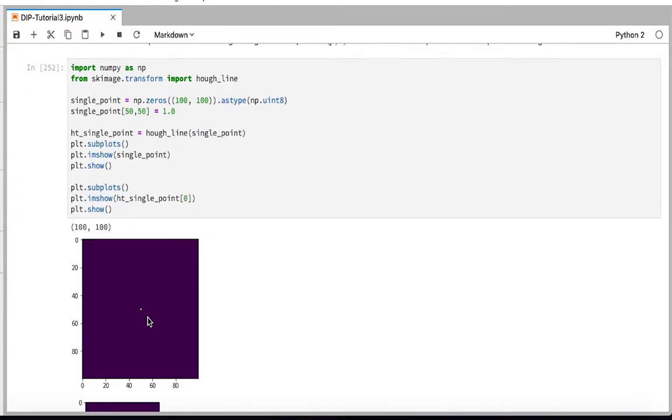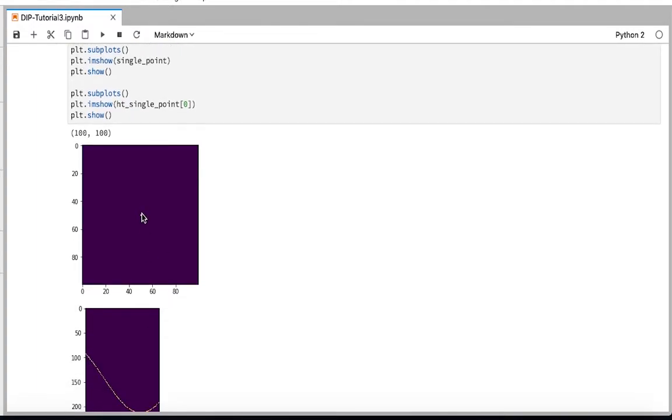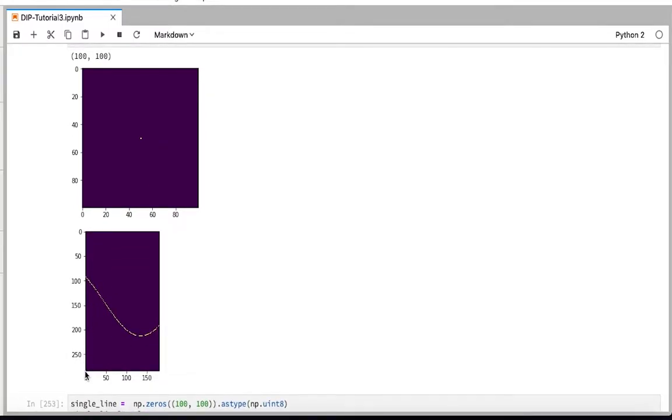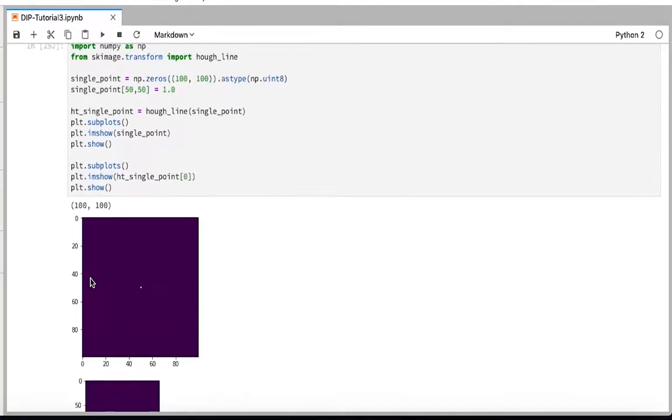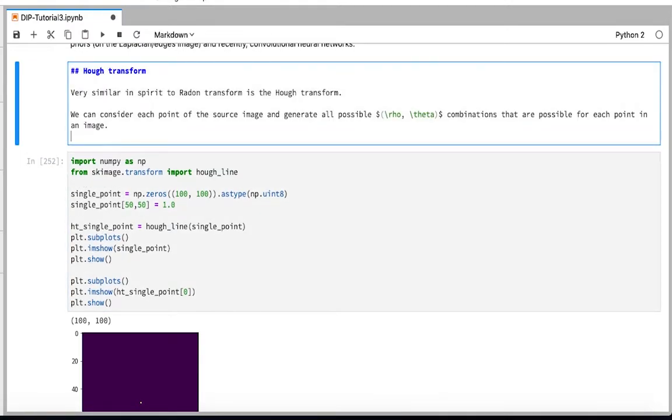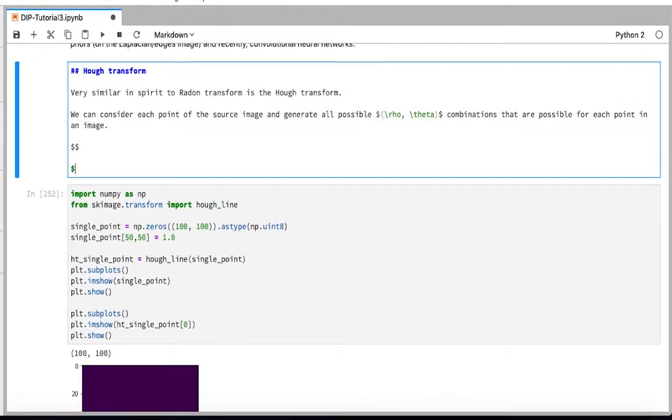We want to parameterize these lines in rho and theta, and not in y equals mx plus c or something like that. So if we consider this image, x-axis is theta and y-axis is rho. I'll write the line equation.